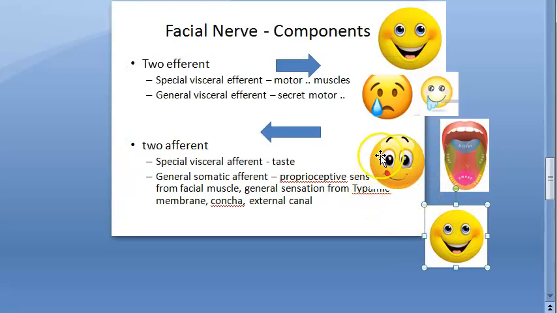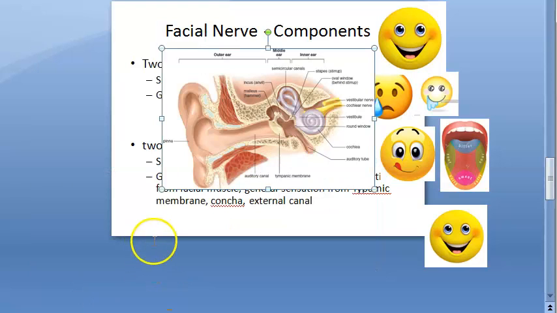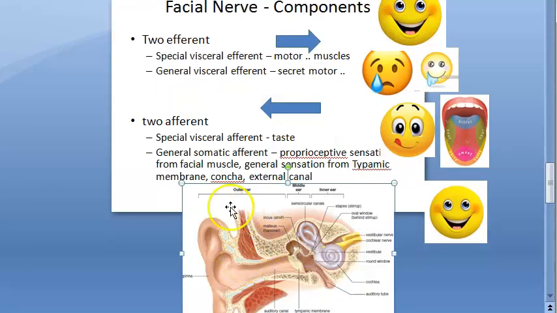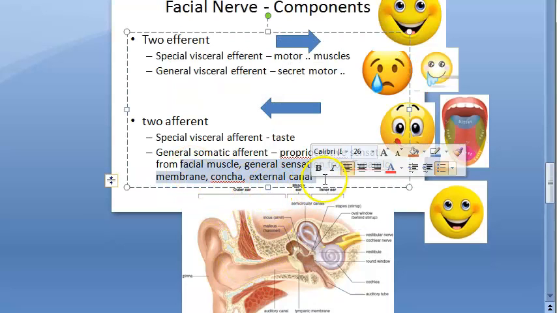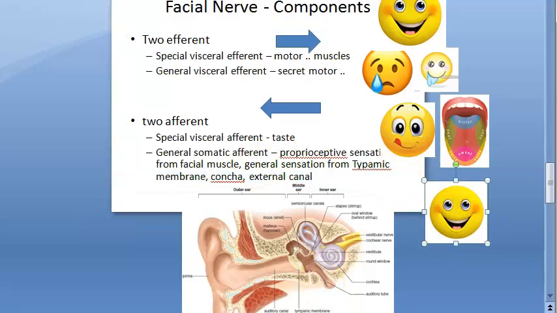So basically, if you look at the ear anatomy, this becomes the concha. From this and some part of the external canal, the posterior superior part, and the tympanic membrane, all these, the general sensation is sent to what? The facial nerve. Okay. So the facial nerve will receive the general sensation from the tympanic membrane, concha, external ear. Also from the face itself, the proprioception of the facial muscles, right?